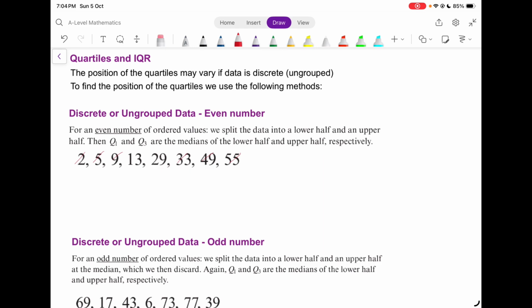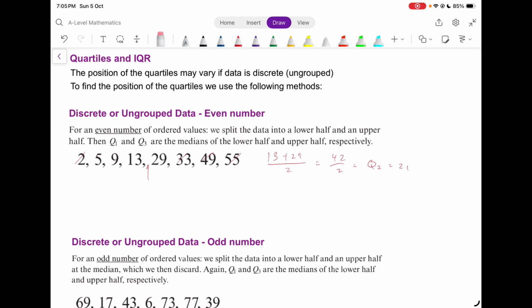So now we know this value must be between 13 and 29. In order to find it, we do 13 plus 29 over 2, which gives 42 over 2, so our Q2 in this case is 21.